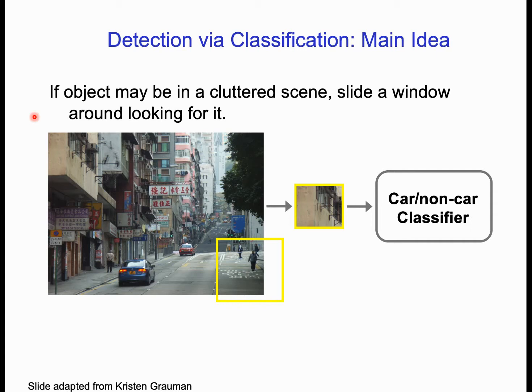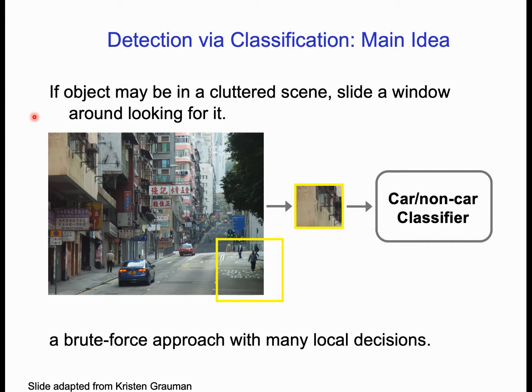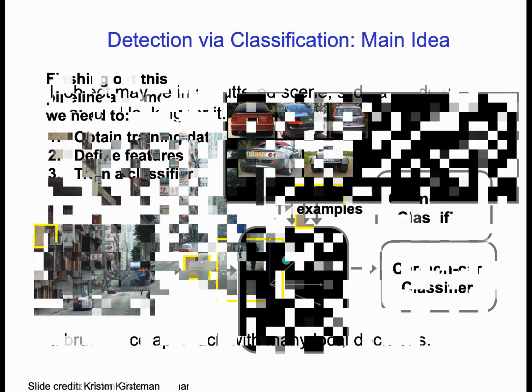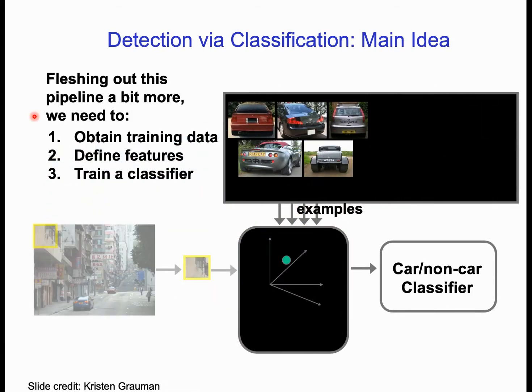Now notice that here I can actually use any type of classifier like the ones that I've seen before using the bag of words. Now, again, fleshing out this pipeline a little bit better, what we do is we first obtain training data.